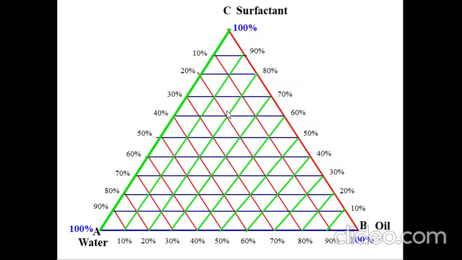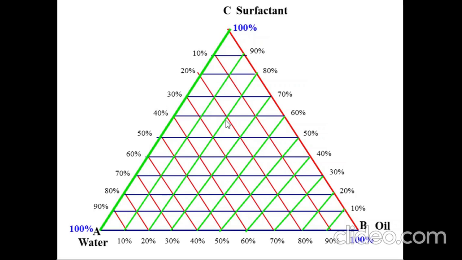So minus of that gives you the percentage of oil present, but still we'll calculate from the phase diagram. This is 90, 80, 70, 60, 50, 40, 30, 20. This is the intersection which we are focusing on.